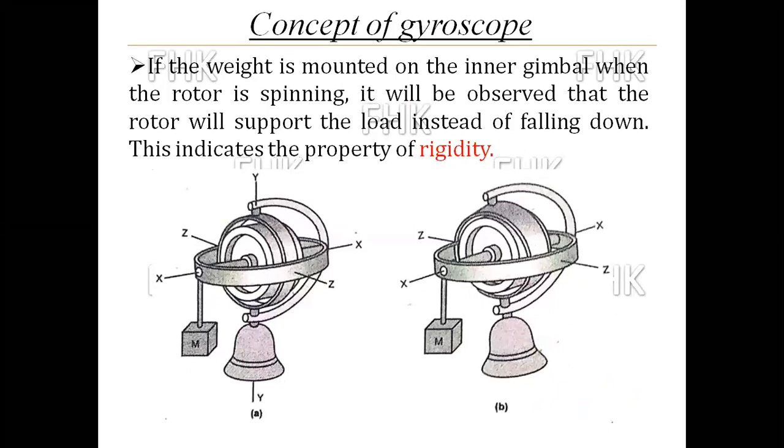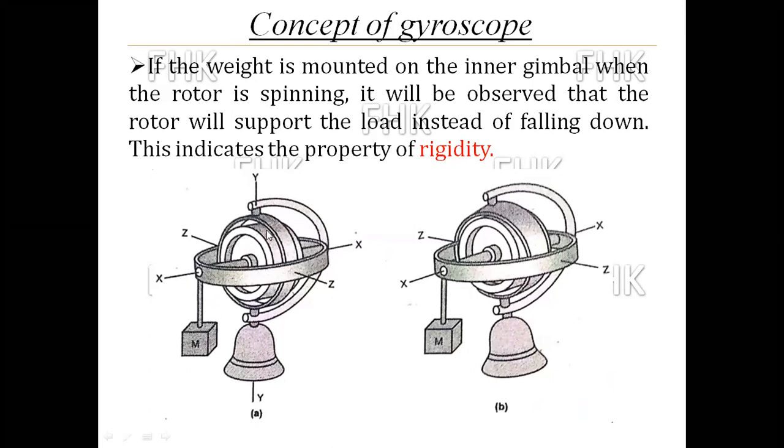So, a gyroscope is a mechanical device which contains a heavy metal rotor and has 3 degrees of freedom. As you can see in this image, the heavy rotor is rotating about the axis XX. This XX axis is called the spinning axis or spinning freedom.